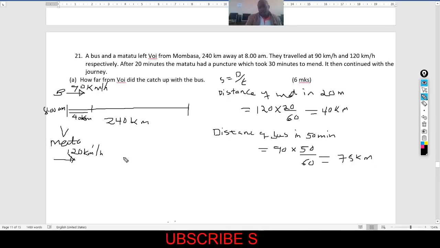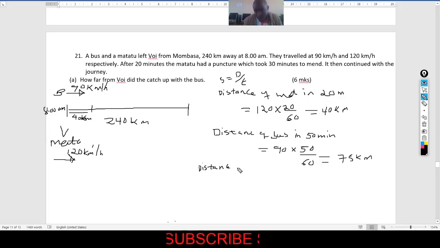Now, if it had gone 75 kilometers and this had covered 40 kilometers, so the distance the matatu must cover to catch up, the competing distance, the distance the matatu must run for it to catch up.